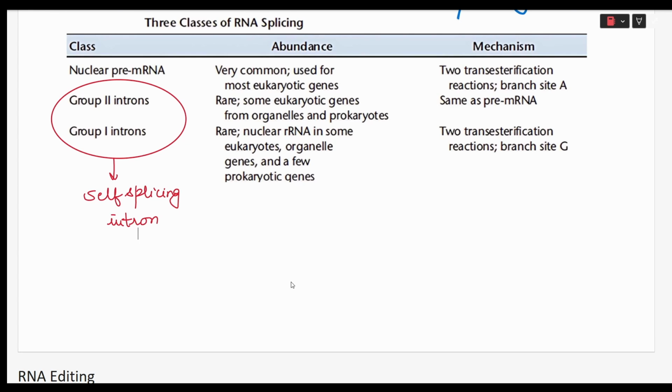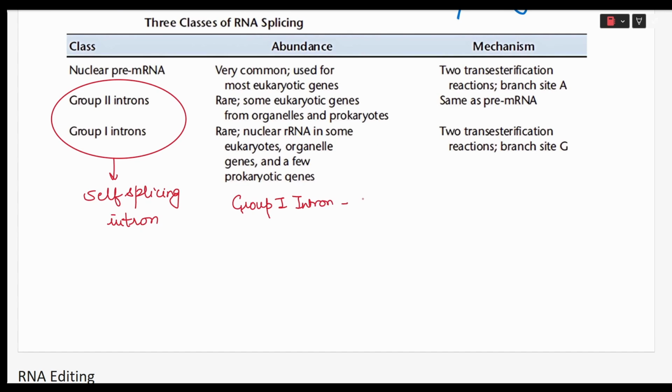In group 1 splicing, the group 1 introns are smaller in size, not as large as the nuclear pre-mRNA. They are around 400 to 1000 nucleotides long, right? Actually, let's write here. We have the group 1 introns.